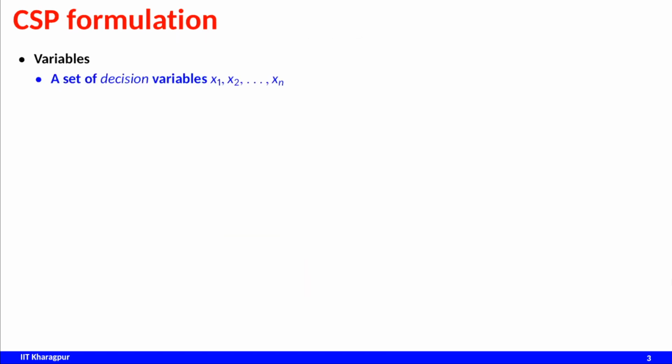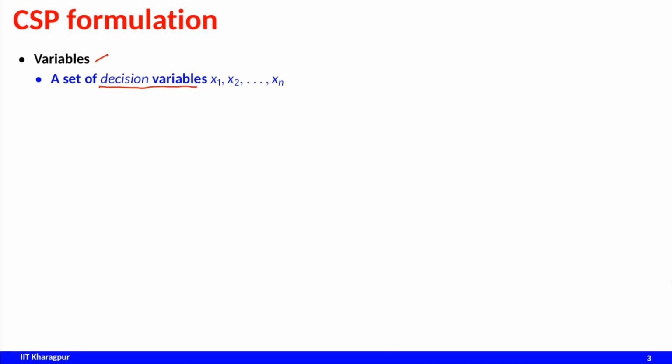So let us first look into how we can model a CSP problem. To model a problem in CSP, we need to have a set of variables, and we call this set of variables the decision variables.